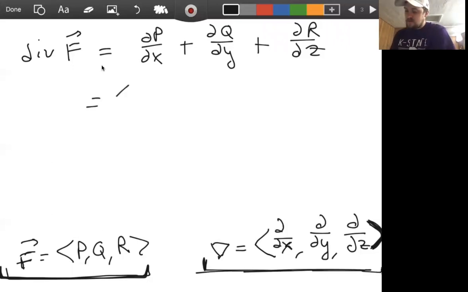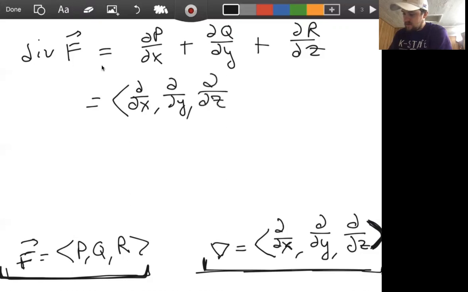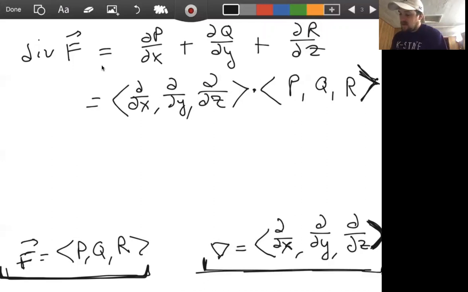We can unpack, or kind of repack, this definition as a dot product between our gradient operator, (∂/∂x, ∂/∂y, ∂/∂z), and our vector field, (P, Q, R), right? If you take the dot product here, you're applying d/dx to P, d/dy to Q, and d/dz to R, right?